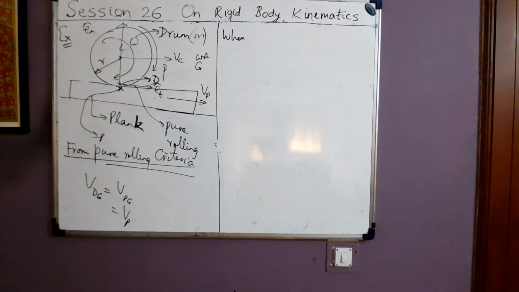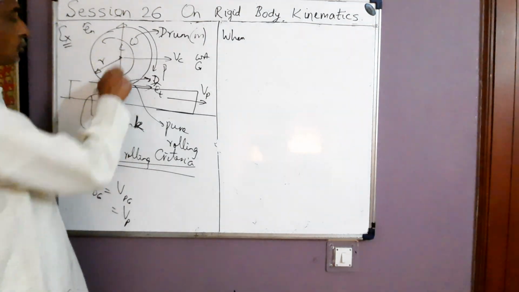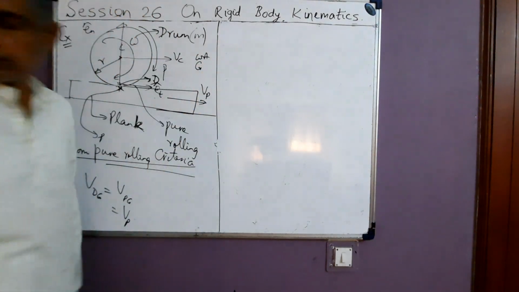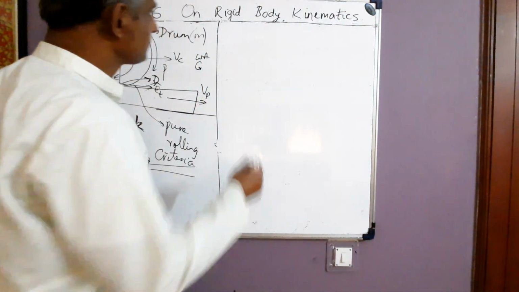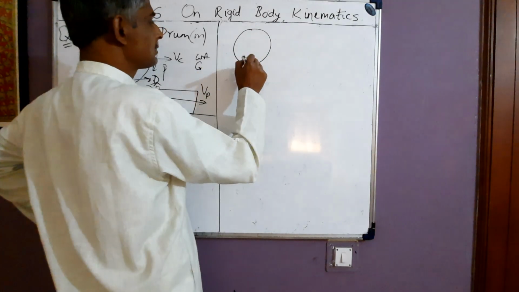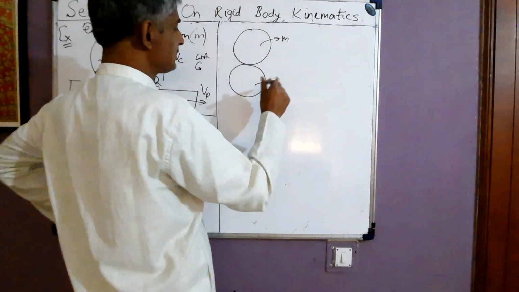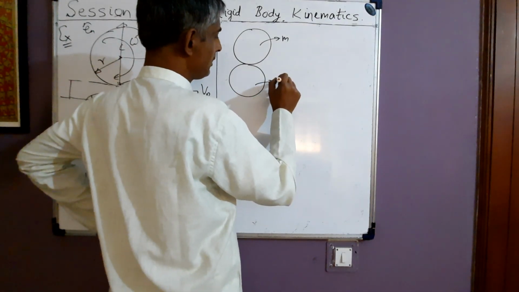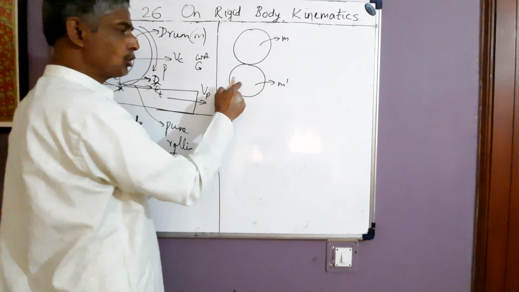See, in this I took up the translating plank and the body was rolling over the plank, pure rolling. But we can generalize the situation. Suppose the plank is also not translating, that is also rotating. So what I am saying is this. Let us have the general case. This body M, this is another body, say some other body, M dash. This body is undergoing pure rolling over this.